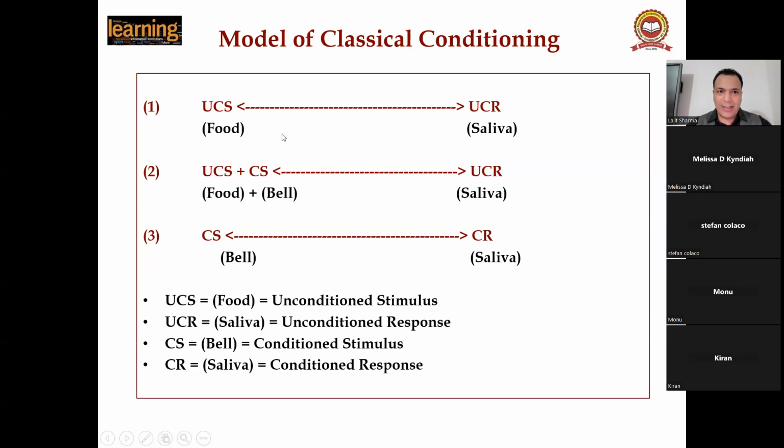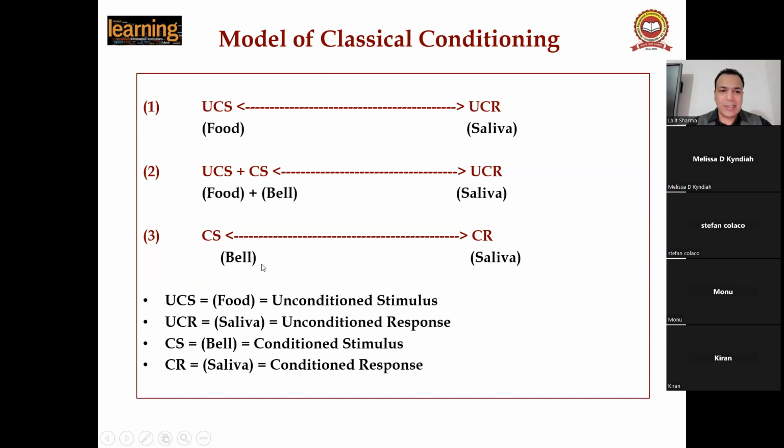Because I'll discuss point number 1, point number 2, and point number 3. Okay. I'll talk about UCS and UCR. First of all, you should have it clear in your mind. When I'm naming UCS, it means unconditioned stimulus. And UCR means unconditioned saliva. Right?